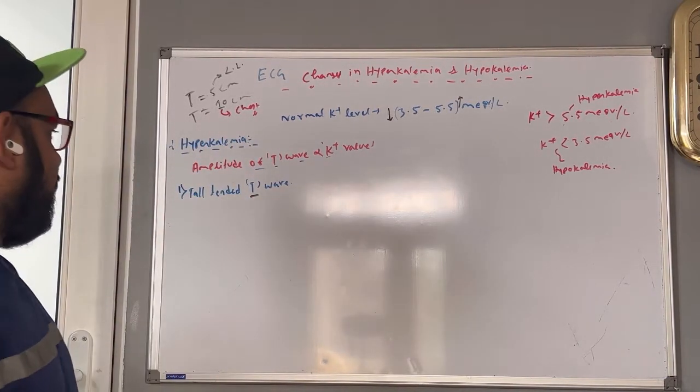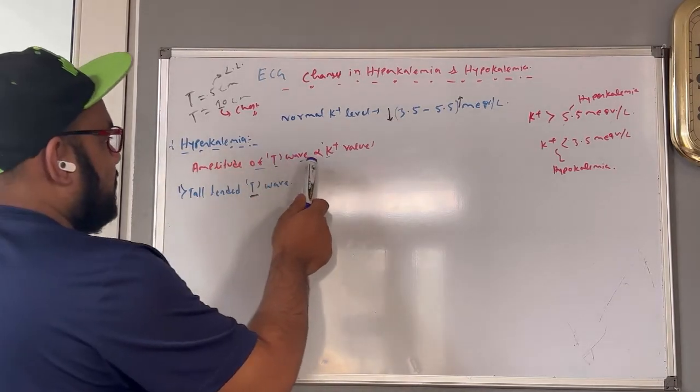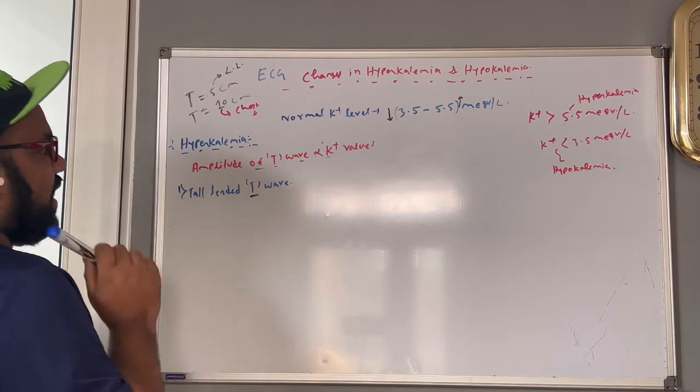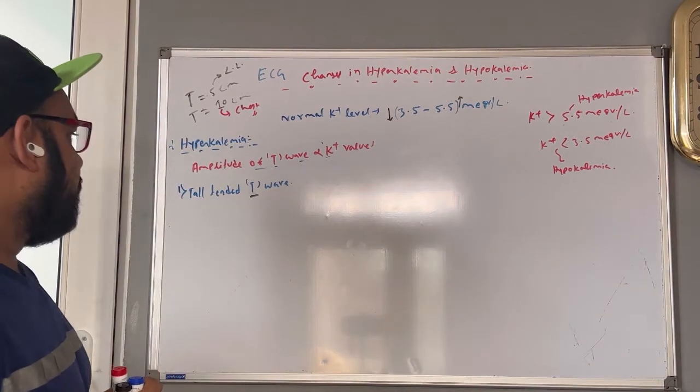It's normal. But in hyperkalemia, as the amplitude of the T wave is proportionate to the potassium value, we'll get the tall tented T wave.